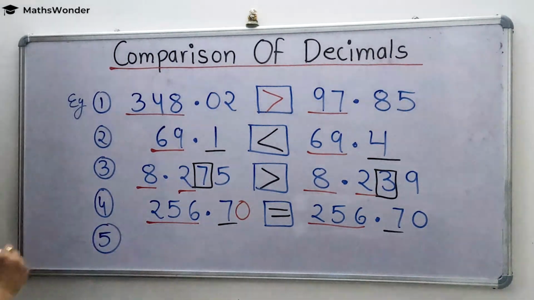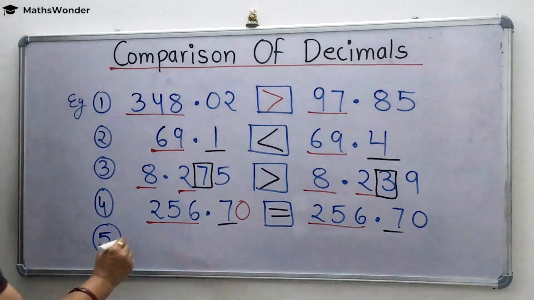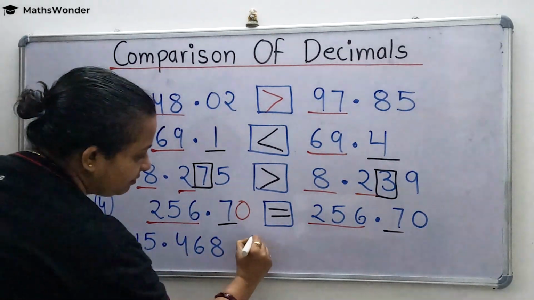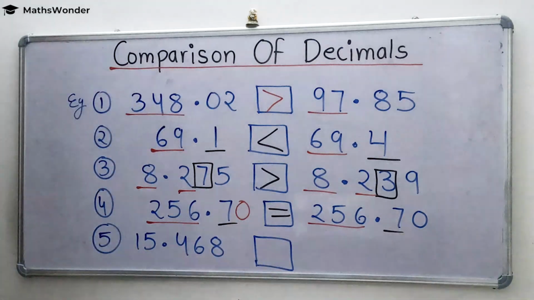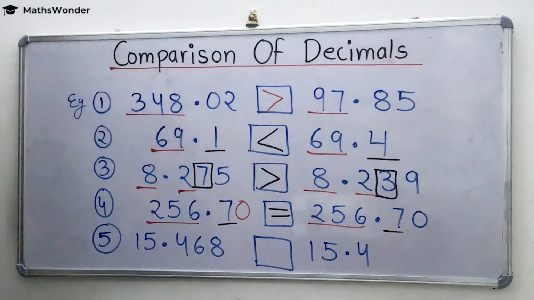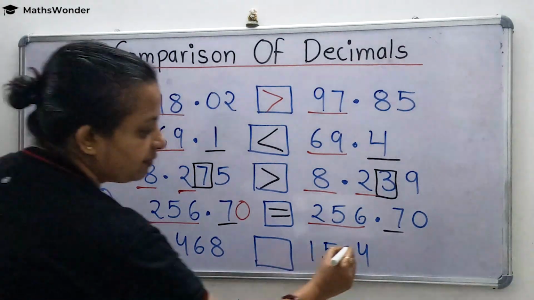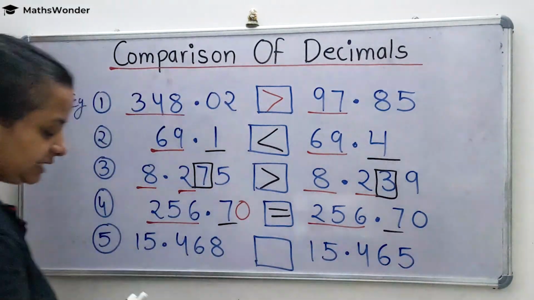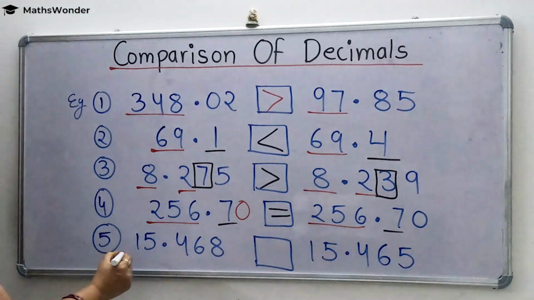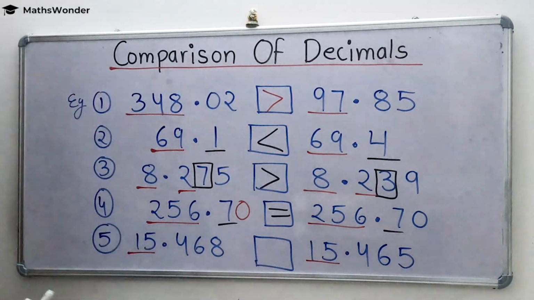Now the last example I am giving you: 15.468 on the left-hand side and the right-hand side is 15.465. Now we'll check. As I told you, you will always check the whole number first. 15 is the same. Now move to the decimal part.